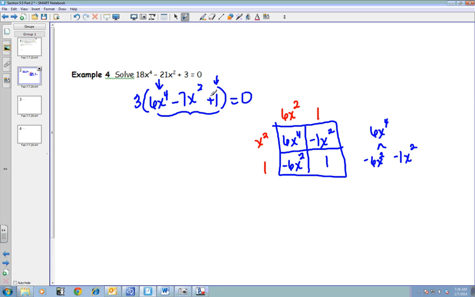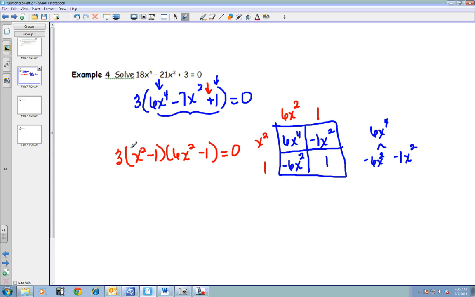Now my signs are the same and they're supposed to be minus. Sometimes whenever that happens, I don't actually have a negative that I factored out, but we need to check our signs. I know my signs are the same and they're both minus. So I have this 3 sticking out here. I have my x squared minus 1, and I have 6x squared minus 1 equals 0.